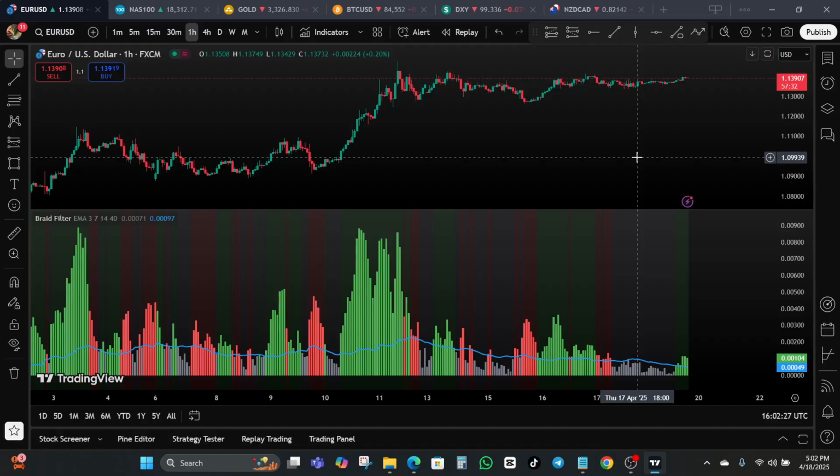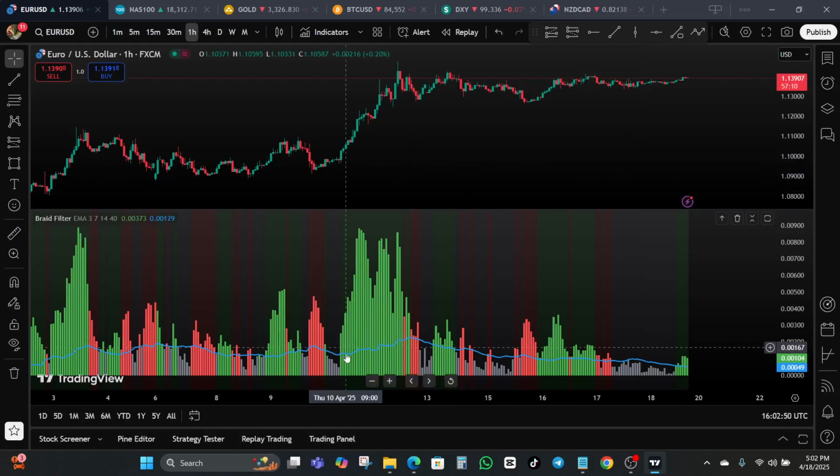It does not give you exact entry points. As you can see on the chart, this indicator does not give you exact entry points, but it gives you an idea, based on the several indicators that compound in predicting the potential momentum in the market at a given time.